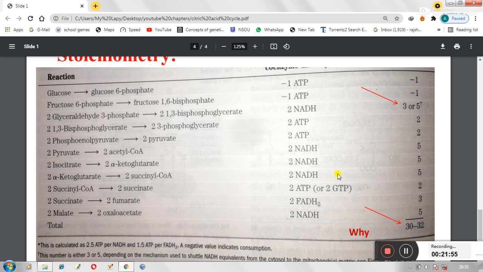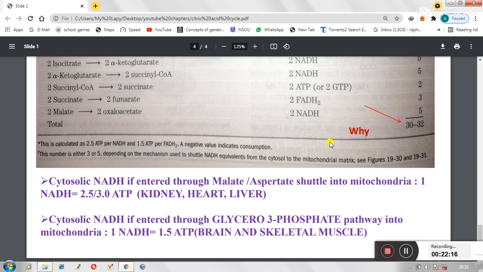In the modern form, one FADH2 molecule is equal to 1.5 ATP on average, and one NADH is 2.5 ATP. So all these NADH produced in this case will produce 2.5 ATP each. So all okay, but why is it 30 or 32? This is a major concern.